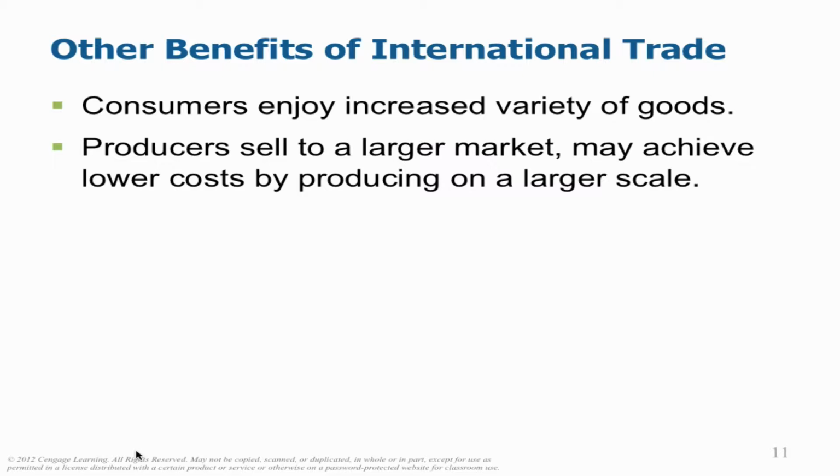There are a lot of businesses that would not even go into business if they could only operate domestically, because their costs would be too high for what the domestic demand would be. Does that make some sense? Can you imagine how much an American-made car would cost if there was no global trade? If they had to absorb the cost of production just in what they sold in the United States? It would be tremendously expensive.